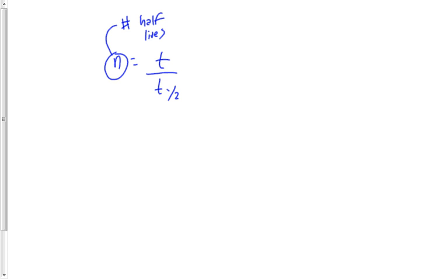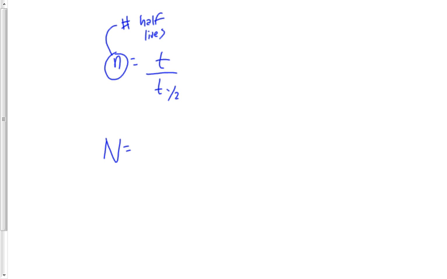That equation is not on our data sheet, but if you think about it, it's exactly what I've told you a number of times before when you're trying to find a number of something. A number of electrons, total charge divided by the charge of 1 electron. Number of photons, total energy divided by the energy of 1 photon. Number of half-lives, total time divided by the time for 1 half-life. n is equal to t over t subscript 1/2.